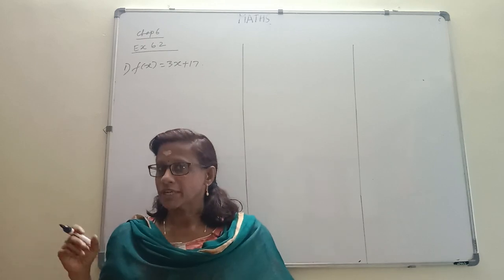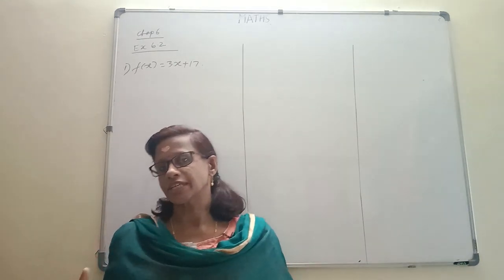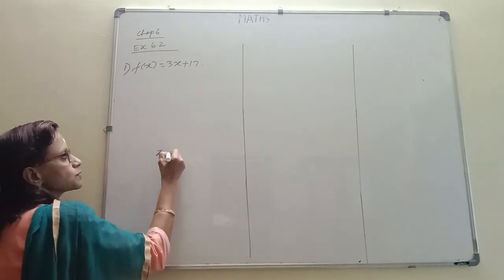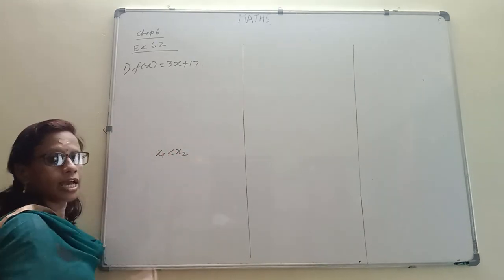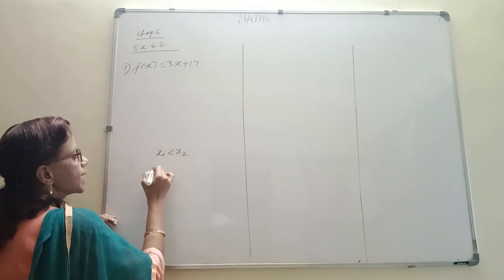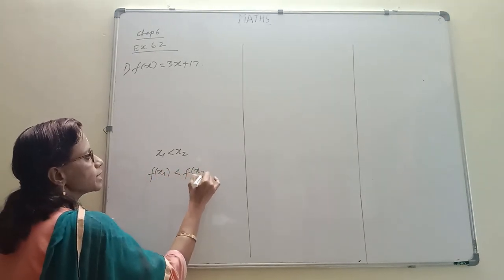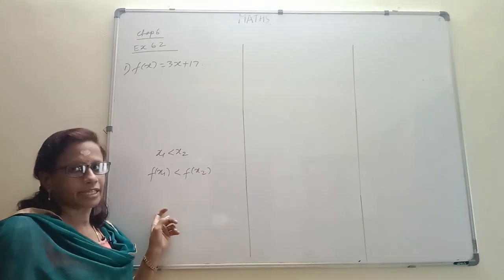Now they've told us that you have to show that it is increasing. So if you have to show that a particular function is increasing, the step that you need to follow is, first you start with x1 less than x2. Devise your steps and somehow show that f of x1 is also less than f of x2. Then it will be an increasing function.